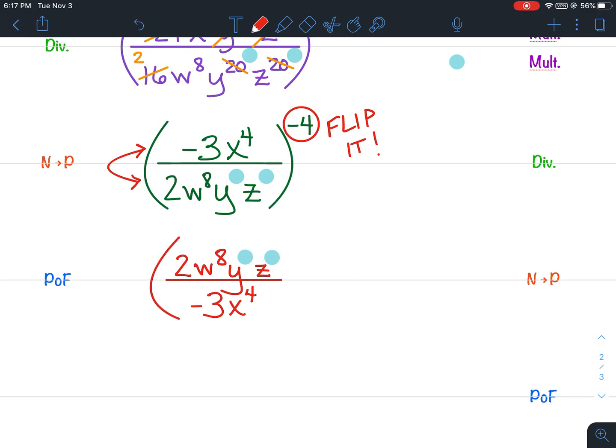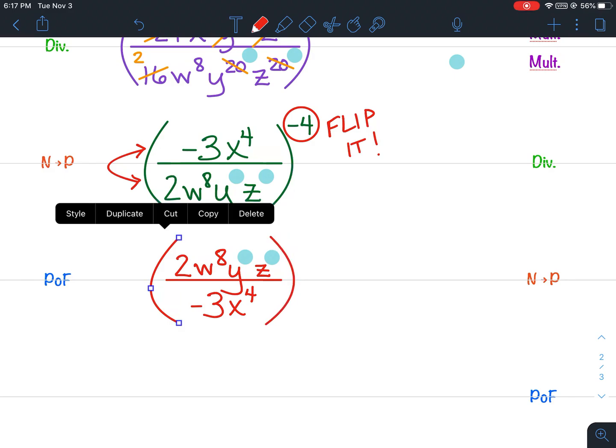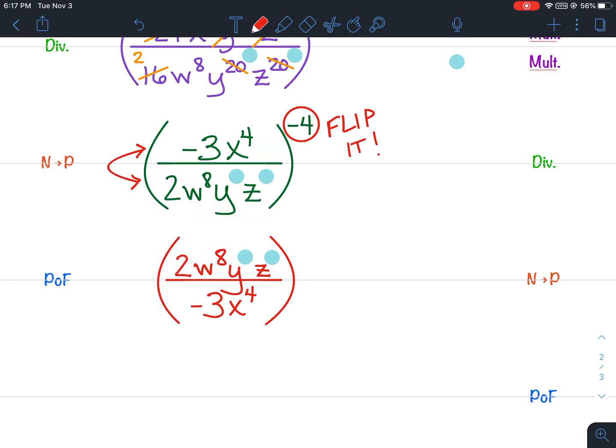And because I took the reciprocal, my exponent will now be positive. So it will be a +4.